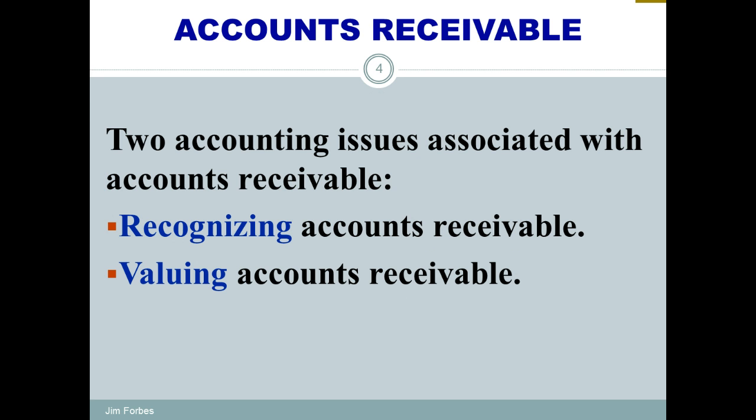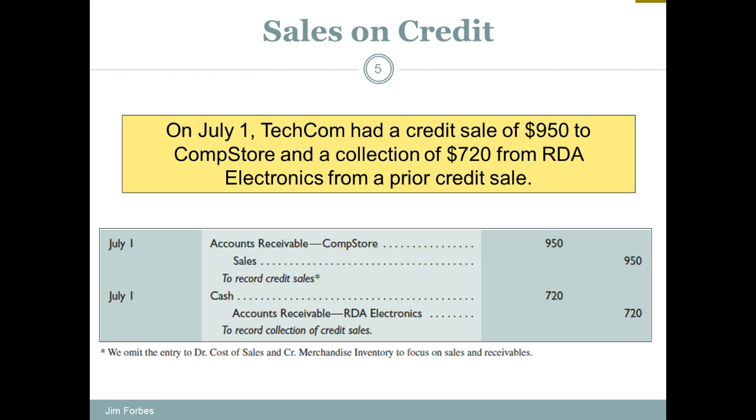Accounts receivable. Okay, there are two components here: recognizing that account, and then valuing it. And the confusing part, I think, will be the valuing of that accounts receivable. So here we see we've made a sale to a customer for $950.